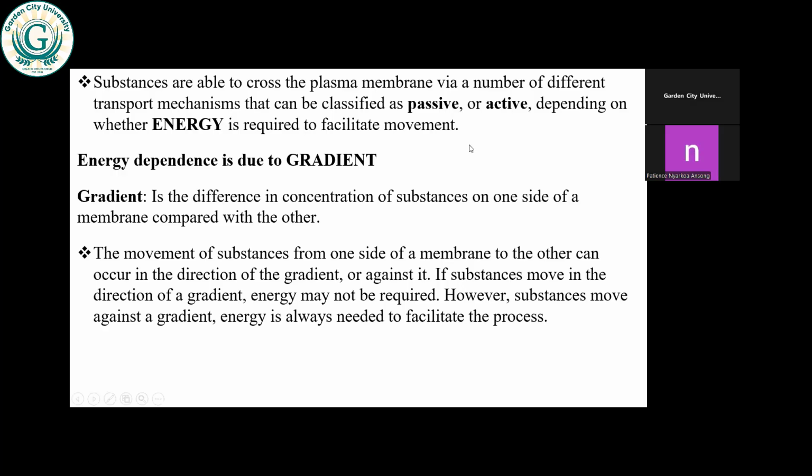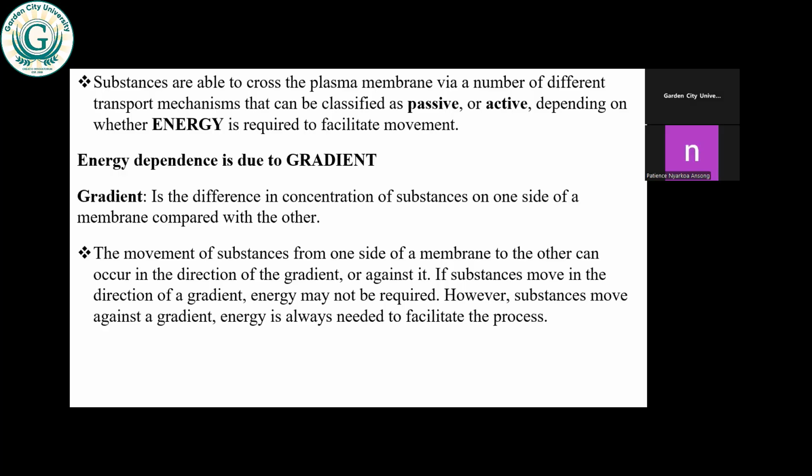And this difference is as a result of whether that particular movement or transport requires energy. Energy is also dependent on gradient. When we say gradient, we mean whenever there is a difference in the concentration of a substance in and out of the cell, a gradient is established.